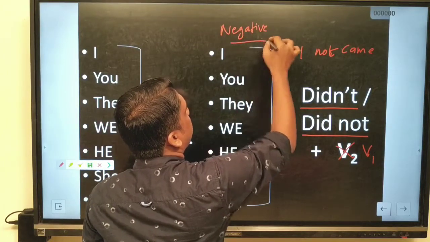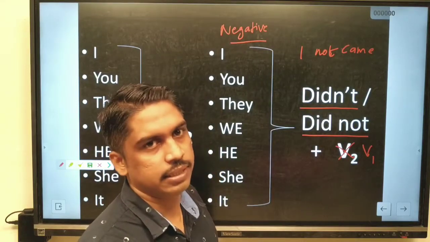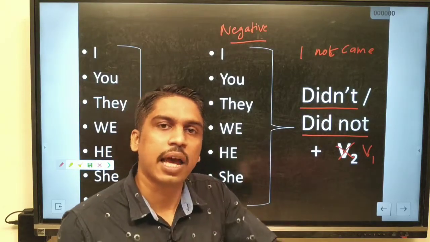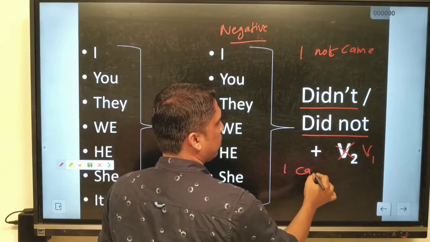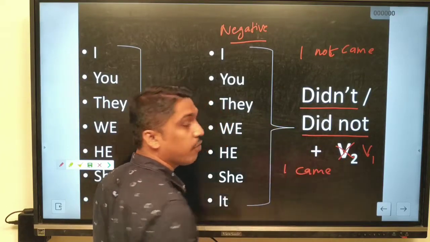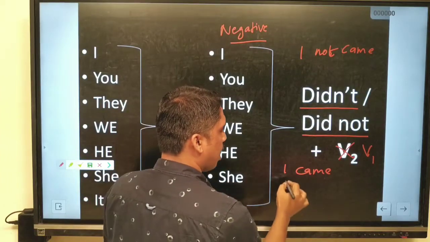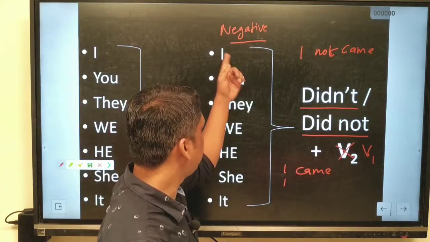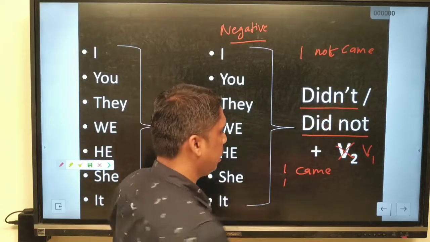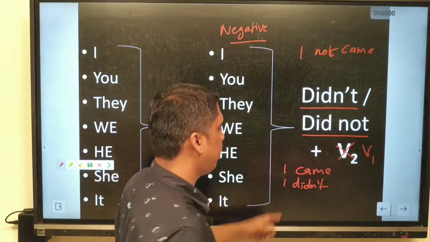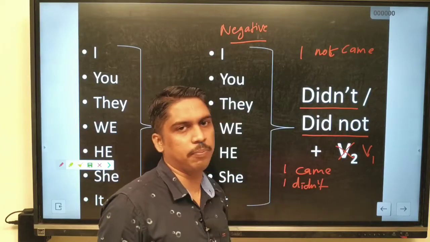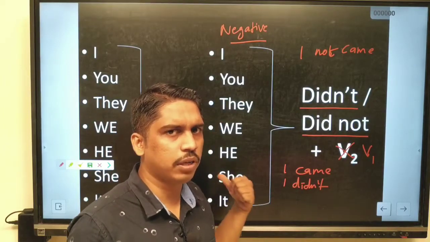a simple past tense. For example, how can we say I came? I came is the sentence. Then how can we make it negative? The subject is I. Then we can use didn't. I didn't. Then the verb 1 of came. What is the verb 1 of came? We told earlier.